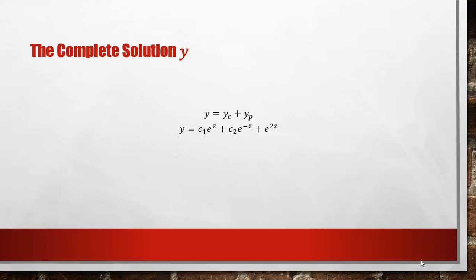Substituting back ln x for z, we get y is equal to C1 e to the ln x plus C2 e to the negative ln x plus e to the 2 ln x, where e to the ln x is just equal to x, e to the negative ln x is equal to x to the negative 1, and e to the 2 ln x is equal to x squared. We get y is equal to C1 x plus C2 1 over x plus x squared. That's all. Thank you.